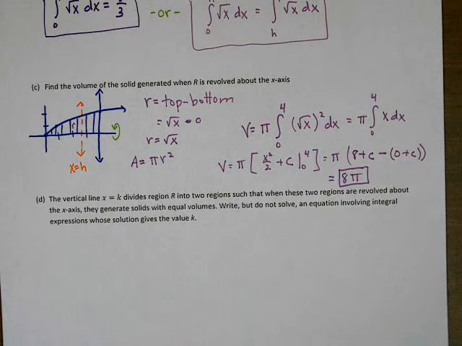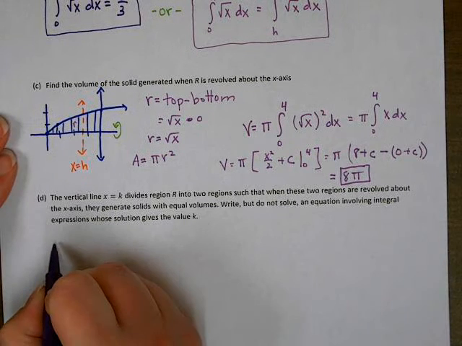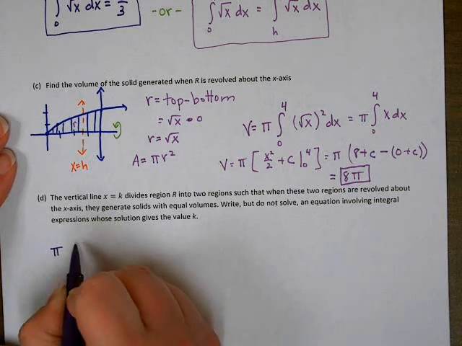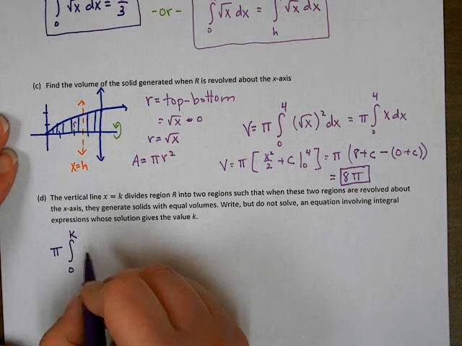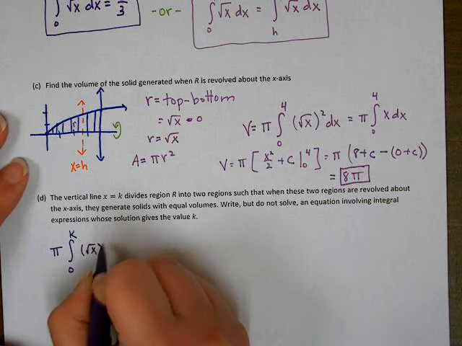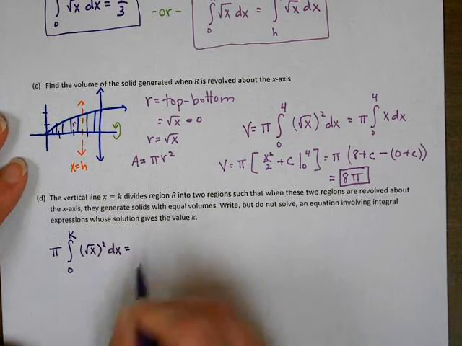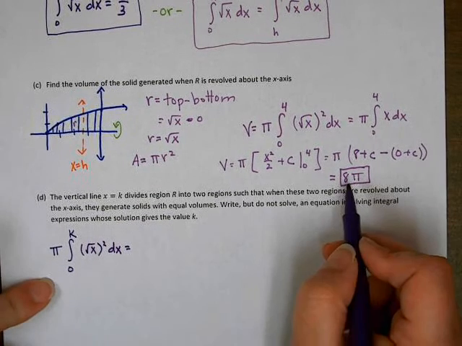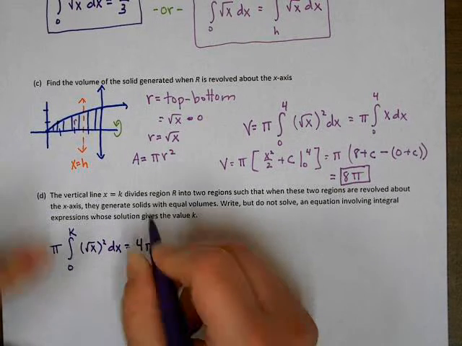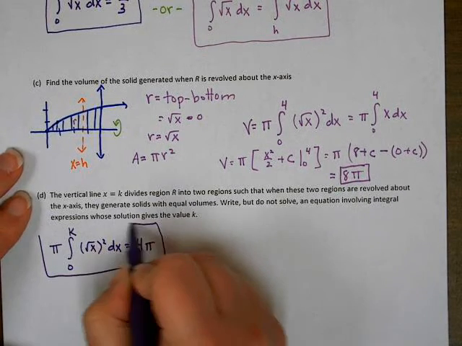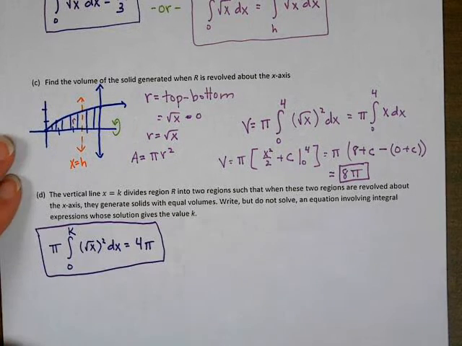So very similarly to part B, we have two different ways to do this. We can say that pi times the integral from 0 to k of the square root of x squared dx is equal to half the volume we found. So it was 8 pi, so half of that would be 4 pi. So this is one way that we could say it.